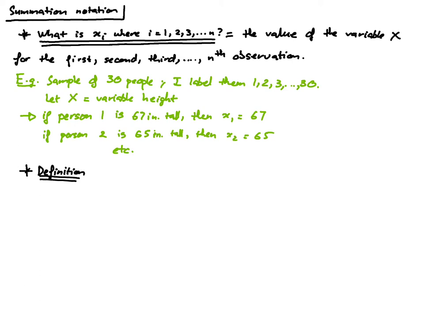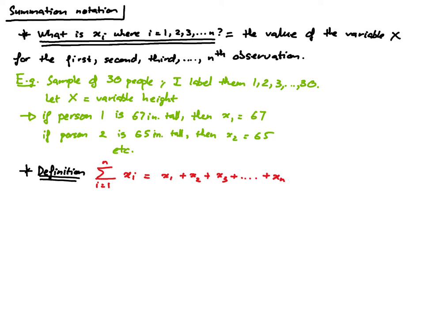The summation of xi for i going from 1 to n is equal to x sub 1 plus x sub 2 plus x sub 3 plus all the way to x sub n.